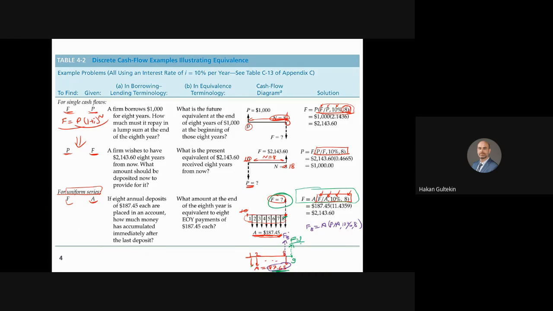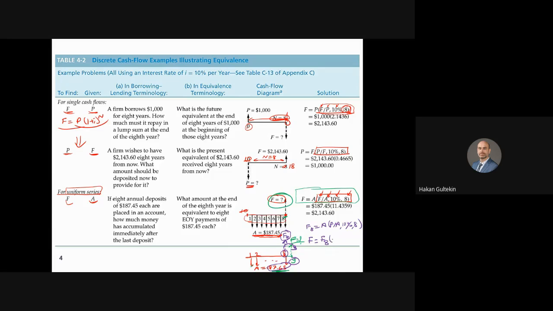So in this way, I find the future value at time 8. But in the question, the future value at time 9 is asked. So this future value at time 9 is equal to the future value at time 8, and I need to shift this one period into the future.